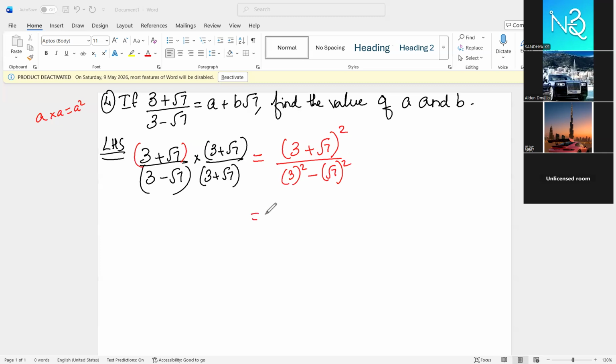Clear? So now, what is (a plus b) whole squared? a squared plus 2ab plus b squared.